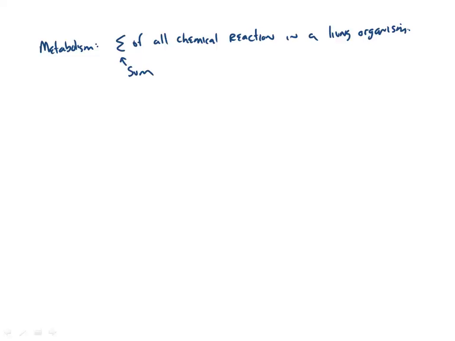What two categories can we break down metabolism into? We can talk about anabolism and catabolism. Does anyone remember what the difference between those is?